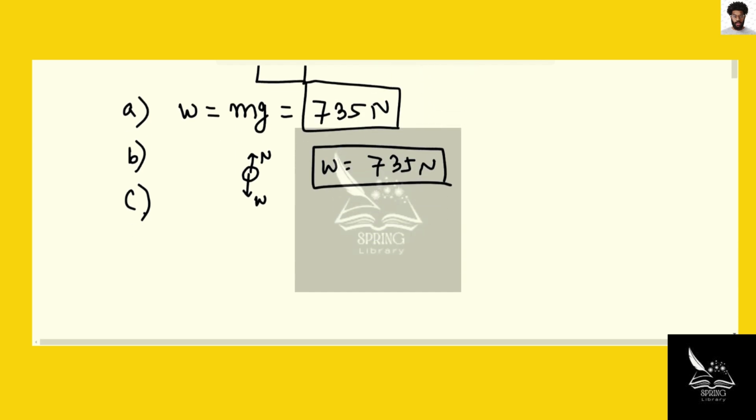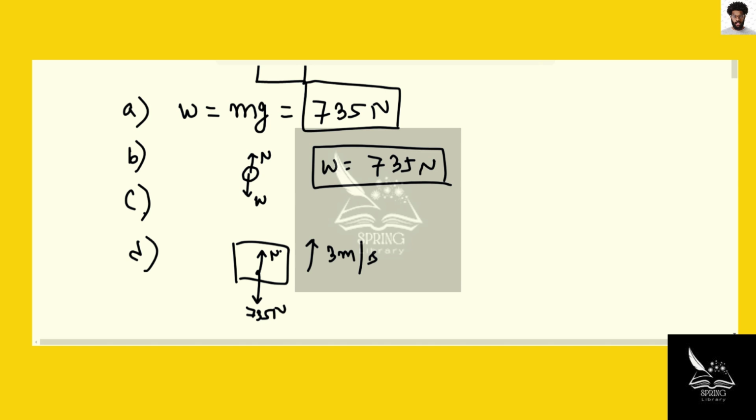In the next case, the elevator is accelerating upward at a rate of 3 meters per second squared, and we have to determine the weight of the person. Observing the free body diagram once again, there is the weight of the person, 735 newtons, and there will be the normal force.